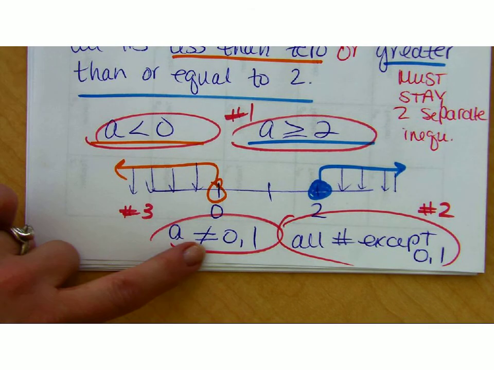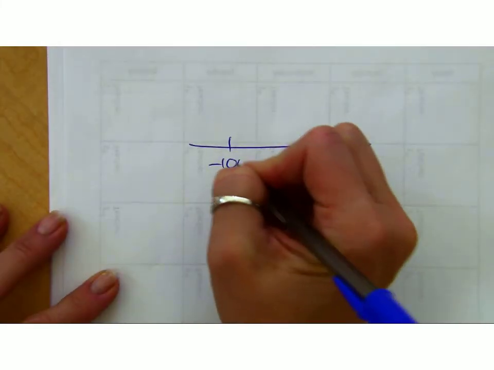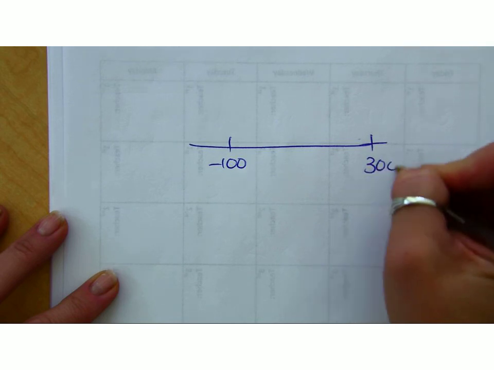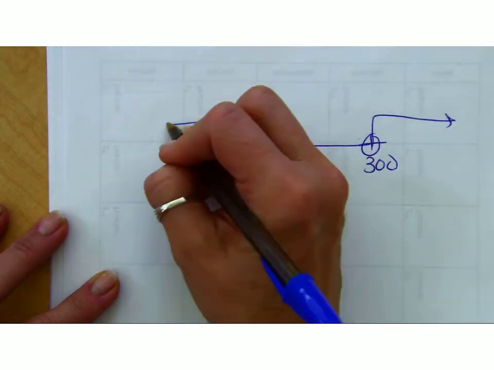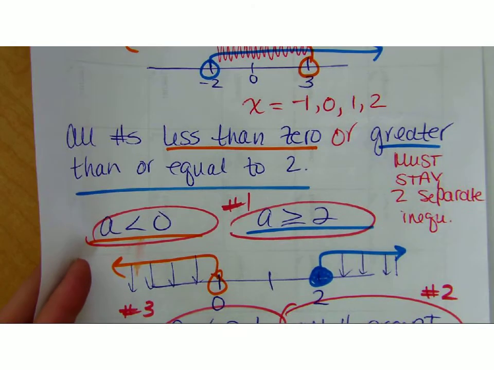Now, here's the deal. If you have one that goes all the way from negative 100 here to positive 300 here, do you have to say it can't be negative 99, negative 90? No. If you're talking about a handful of numbers, like 5 or 6, then take it that one extra step and tell me it just can't be those 2.